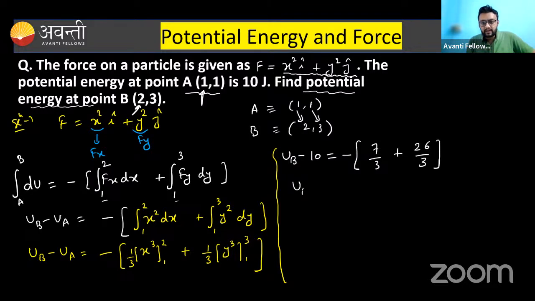So UB will become 10 minus, I think this is 33 by 3. 33 by 3, that is 11, that is minus 1 joule.